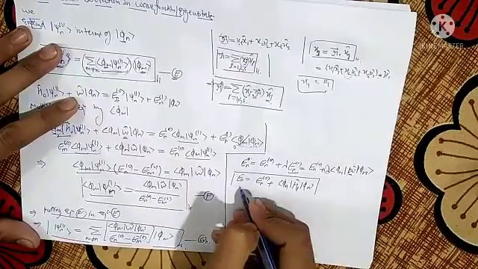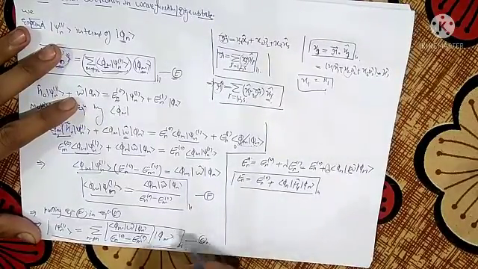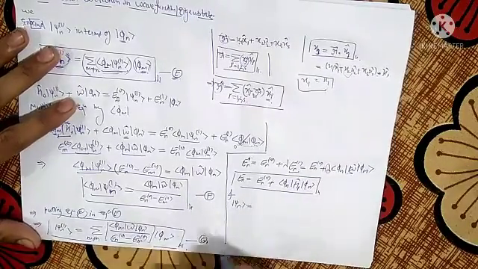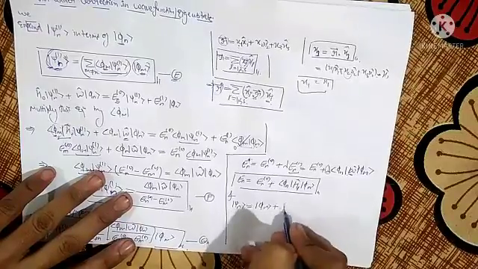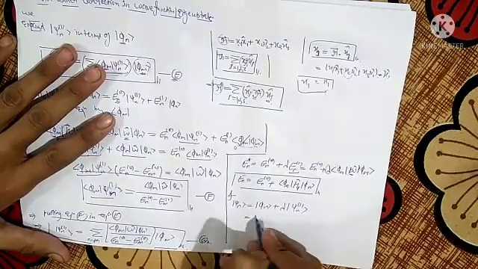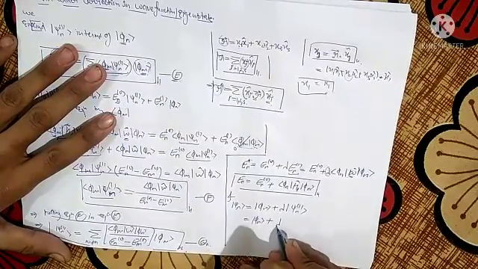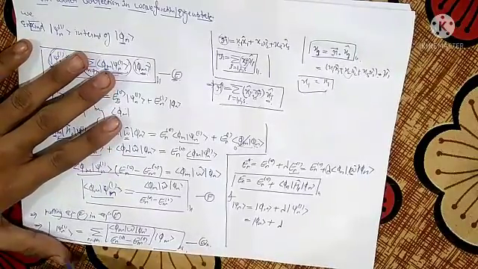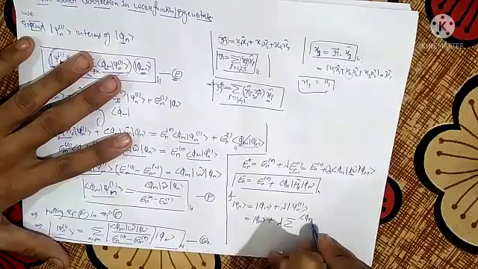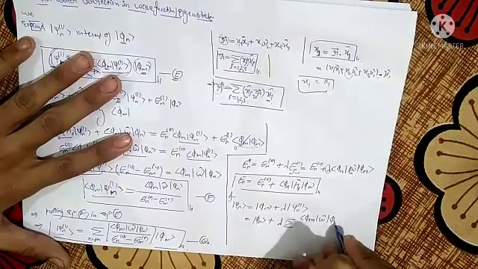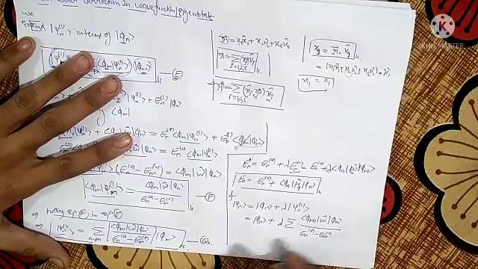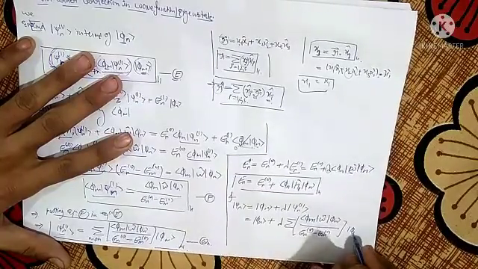So this is the energy of the system up to first order correction, and similarly the wave function of the system up to first order correction. The wave function was like that up to first order correction: it is lambda times this particular quantity that we have calculated, the first order correction. So it is the summation of phi m W phi n over E n naught minus E m naught, times phi m.